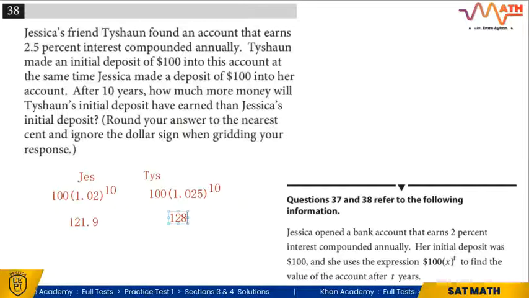Here I just write the rounded numbers, but in the test I suggest you do the direct calculation, the direct difference. So when you subtract the other result from this one, it's going to be approximately 6.11 when you round to the nearest cent, like 2 decimal places.